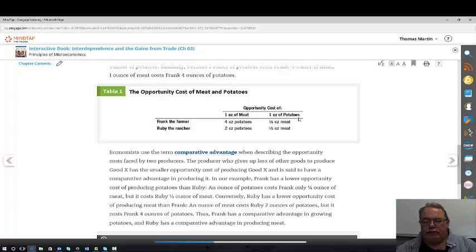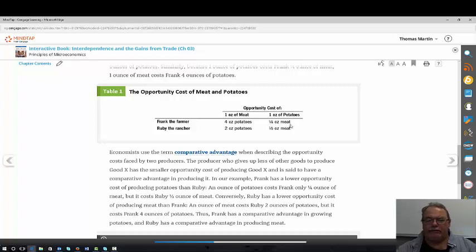But let's go to the other column. In exchange for 1 ounce of potatoes, Ruby gives up a half an ounce of meat, and Frank gives up only a quarter of an ounce of meat.